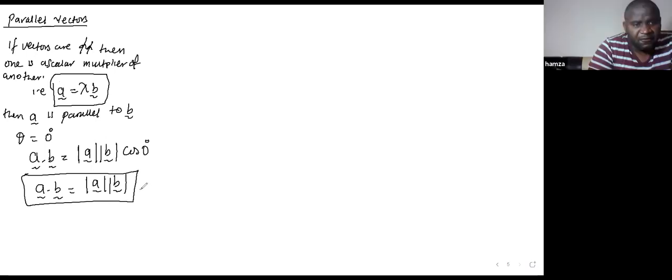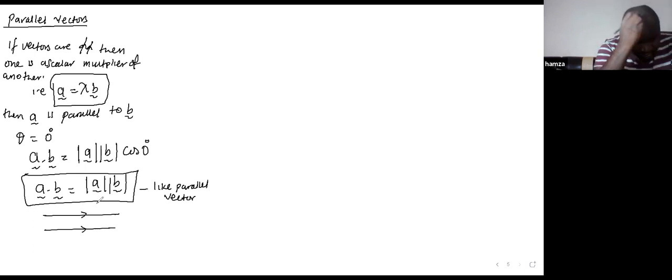But this occurs for like parallel vectors. The like parallel vectors are ones that are facing in the same direction.